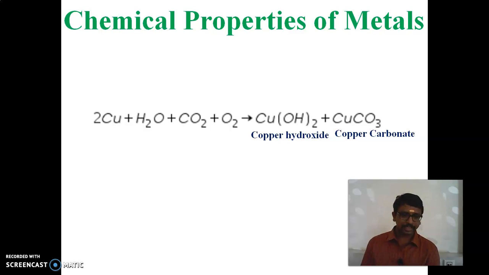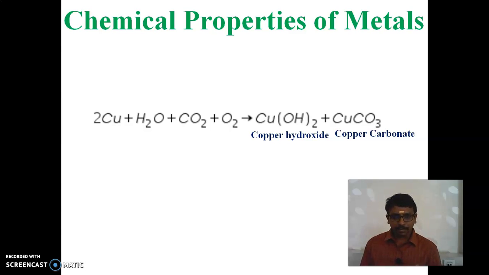Citric acid is present in which plant, children? Yes, lemon and tamarind. In tamarind, what acid is present? Tartaric acid is present. So we take ash, lemon and tamarind, and with that the acid is there.